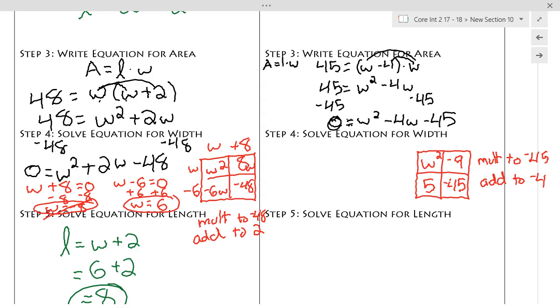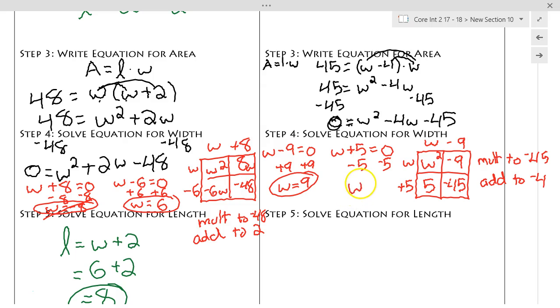Negative 9 plus 5 is negative 4. W squared is W times W. W times negative 9, W times positive 5. So I have W minus 9 equals 0, and W plus 5 equals 0. Looking at this one, I'm going to add 9 to both sides, and W equals 9. Looking at this one, I'm going to subtract 5 from both sides, and W equals negative 5.